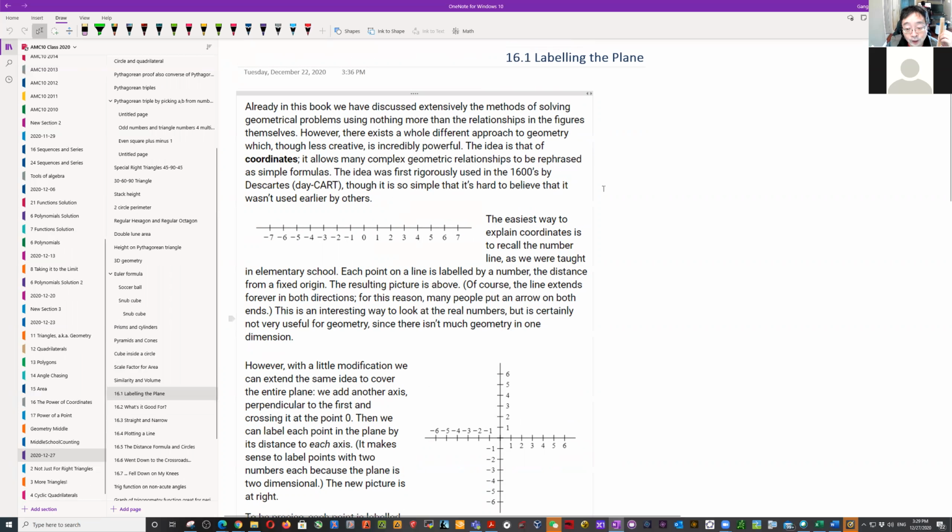So this is labeling the plane. Labeling the plane is actually a major advance in geometry.